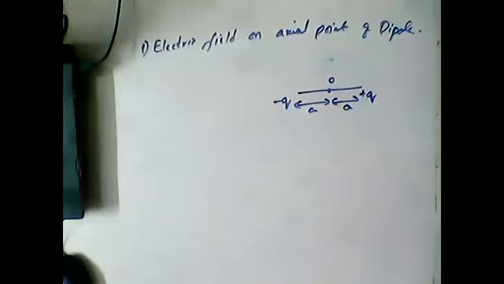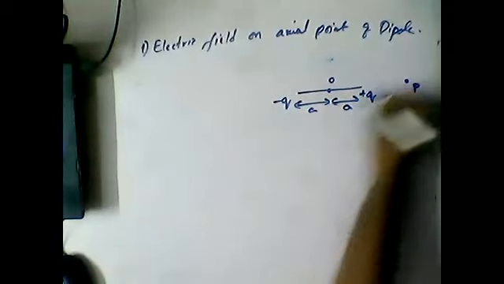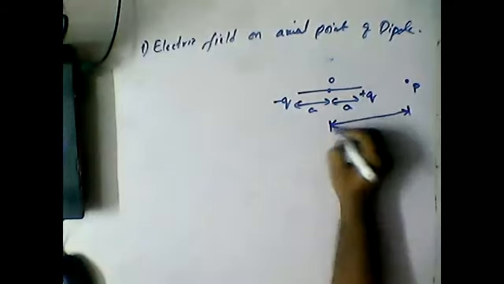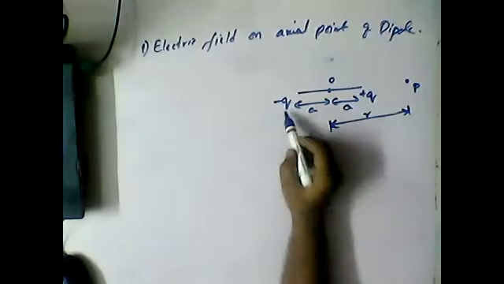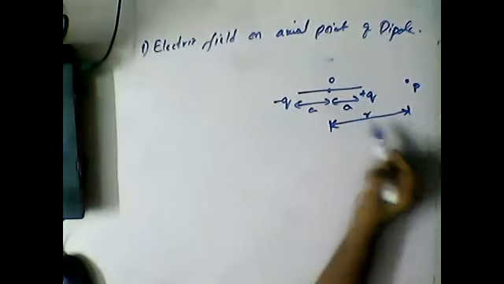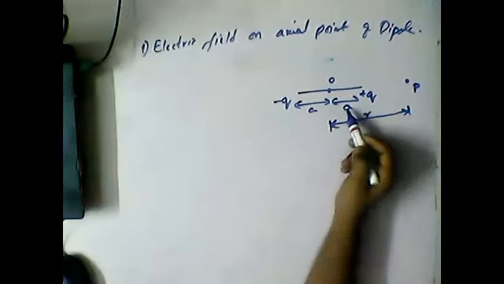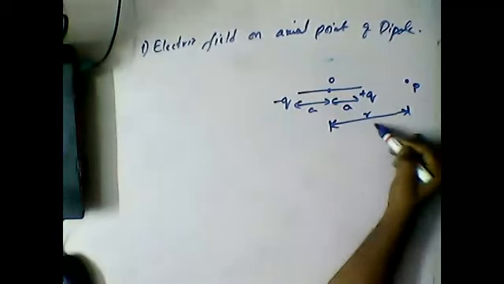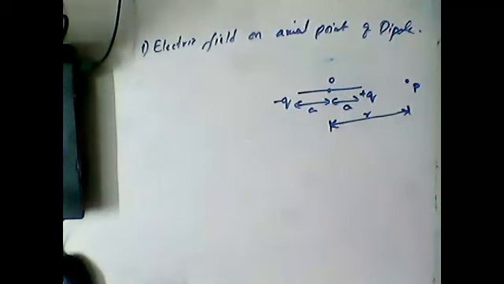Okay, in this situation we are finding the electric field at an axial point, this is a point P. It is at a distance of R from the center. I'm considering 2 charges minus Q and plus Q separated by a total distance of 2A, A on each side of the center, and a point P at a distance R from the center of these 2 charges.